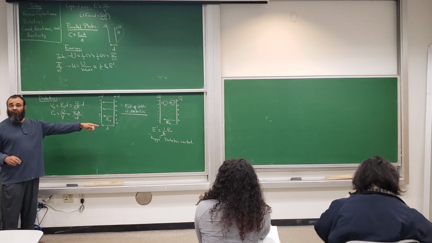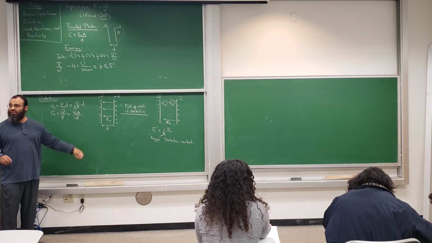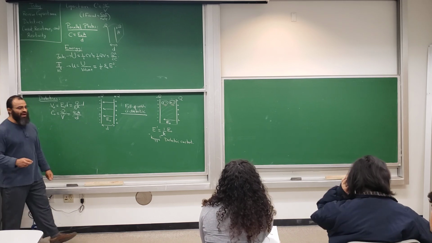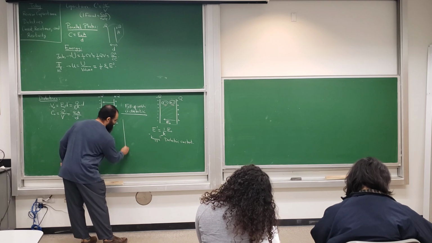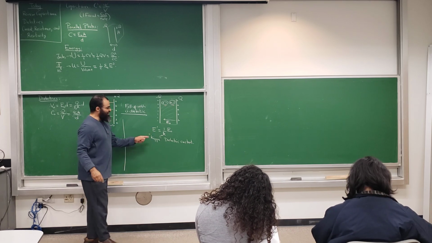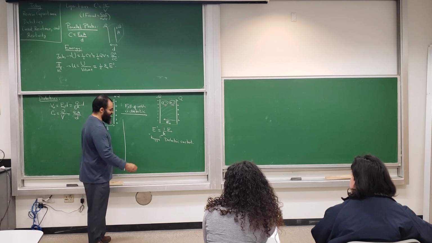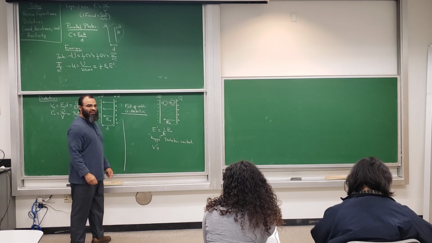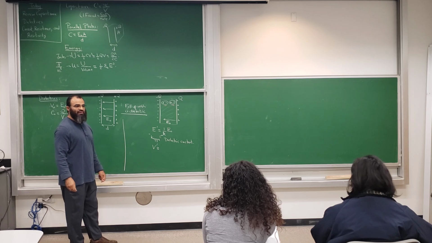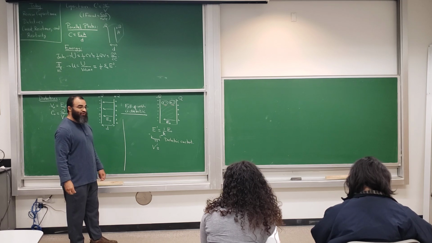So that's electric field. So now let's think about what happens to the potential. If the electric field gets reduced by a factor of kappa, let's look at V prime. The potential difference now between them decreases by what factor?